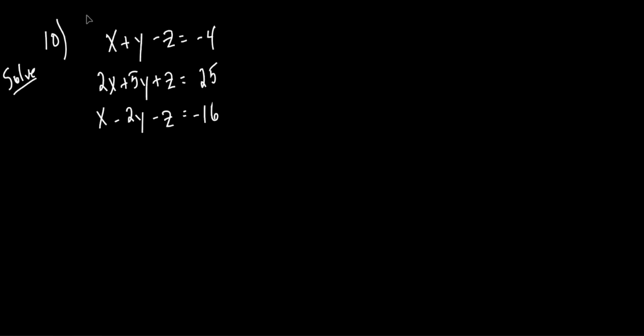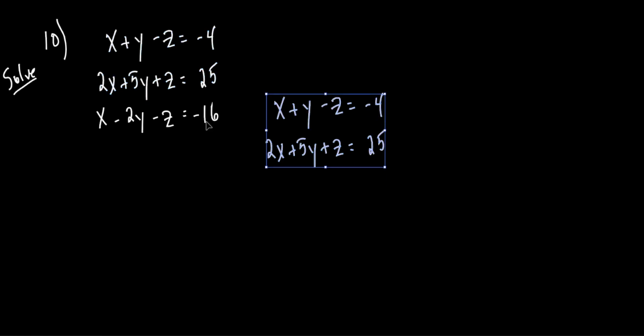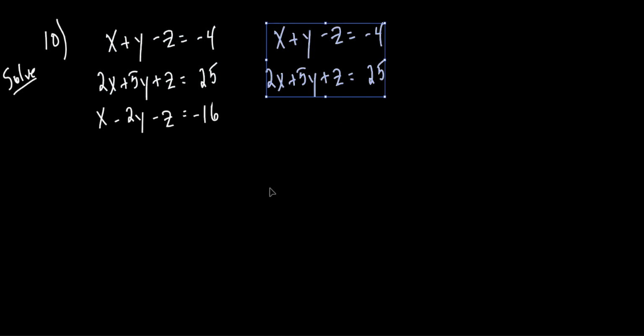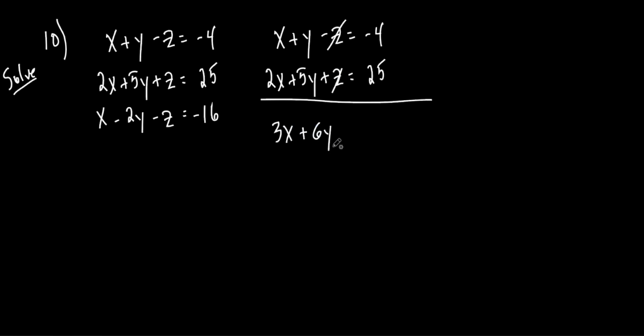I would take these two, and let's put it up here, and just eliminate the z's. So bring everything else down. What do I get? 3x plus 6y equals, what's that, 21?